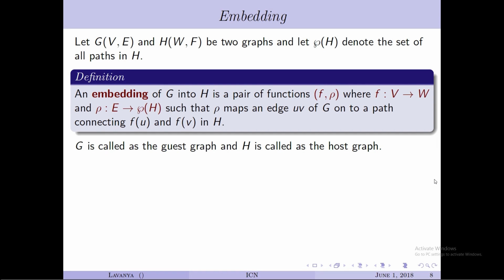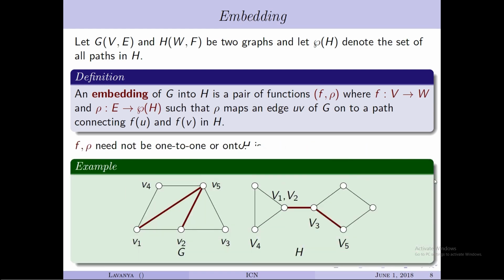Now, translating everything into our graph terminology, hereafter I do not call it the algorithmic graph, I will just call it the guest graph. I have a guest, I have a host, and I want to embed my guest into the host graph. So, in simple language, this is what an embedding is.